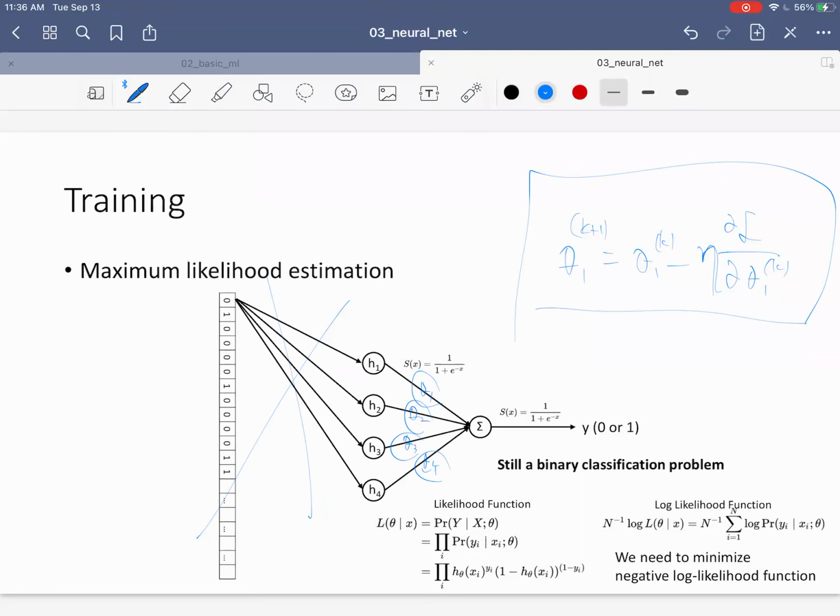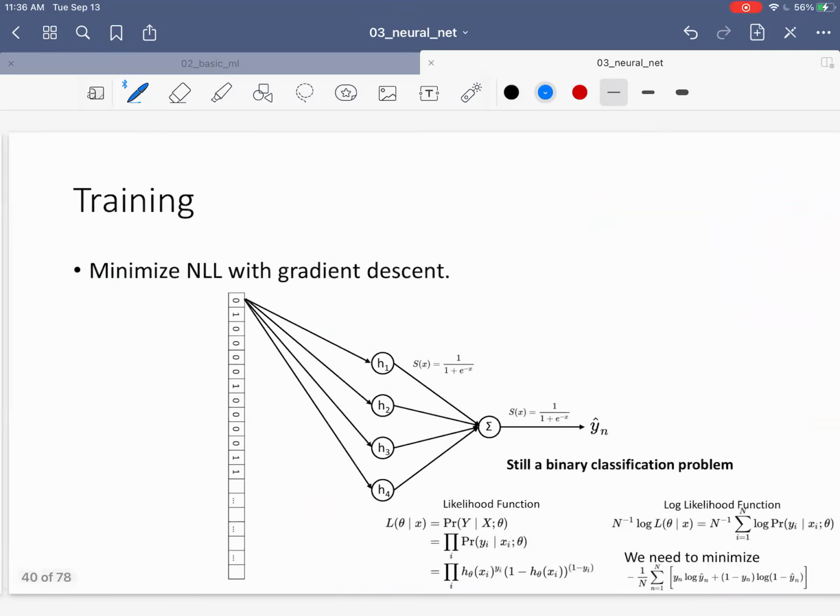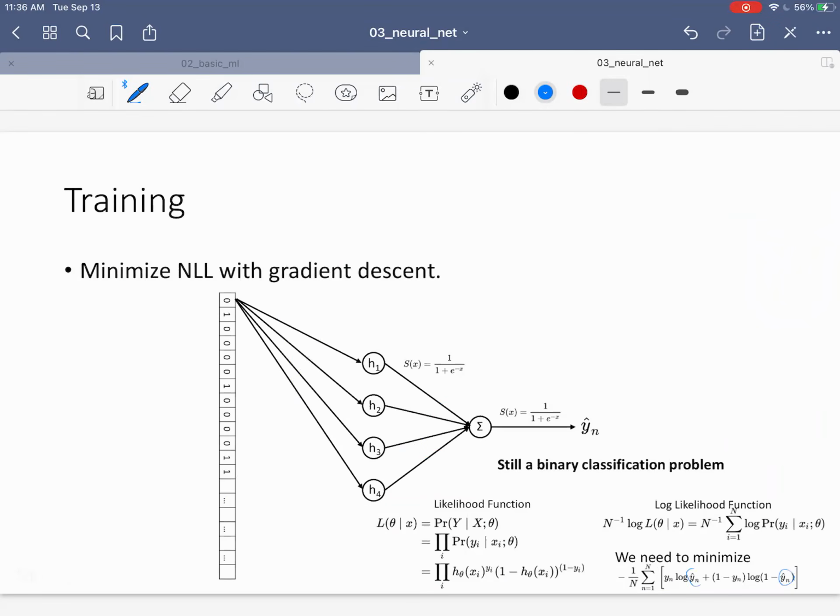In order to do that, you need to be able to do this partial differentiation, and this loss function will be the same as the negative log likelihood function you have here, also known as cross entropy loss. You can actually do this because if you think about y hat being here, y hat is determined by the thetas, theta 1, theta 2, theta 3, theta 4, and the outputs of the H1s.